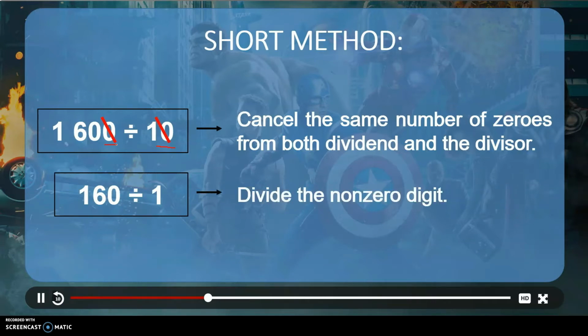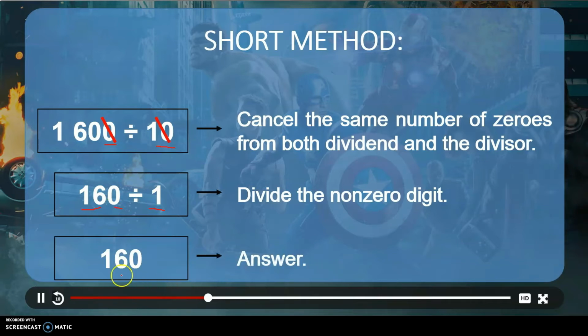We'll divide the non-zero digits. So the non-zero digits here are 16 and 1. So 16 divided by 1 is equal to 16. And then add the remaining 0 to our quotient. So this will be our final answer.